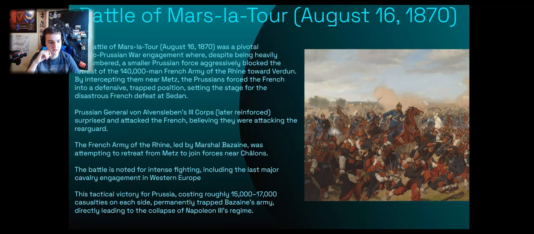The battle was noted for intense fighting, including the last major cavalry engagement in Western Europe. The tactical victory for Prussia, costing around 15,000 to 17,000 casualties on each side, permanently trapped Bazaine's army, directly leading to the collapse of Napoleon III's regime. So let's now get to the next battle.